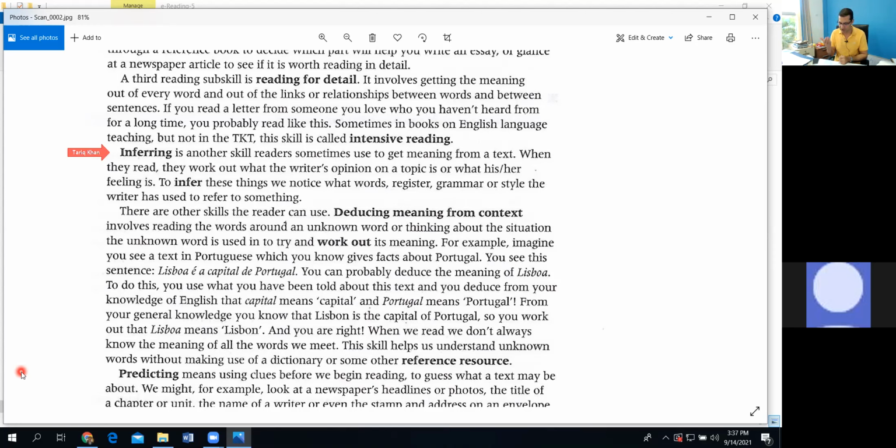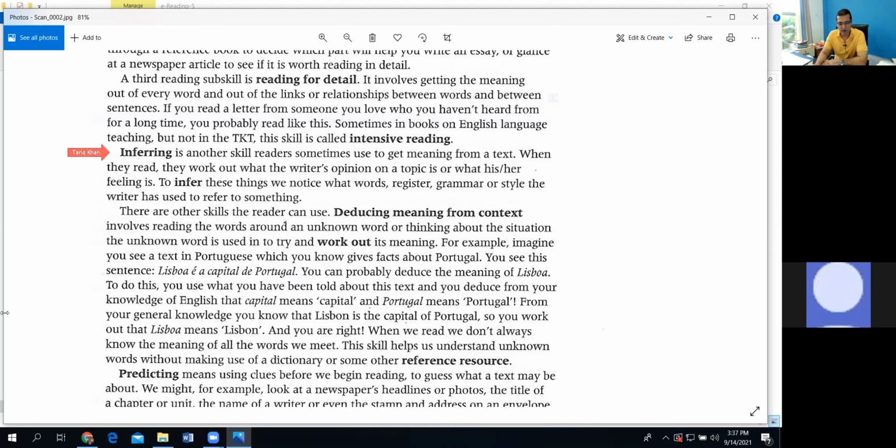So you infer the attitude from the given writings about anything, whether this writer is in favor of it or against it, or praising something or depreciating something, or appreciating somebody. So you can infer those things from the words used in the text. Is that clear? Okay.